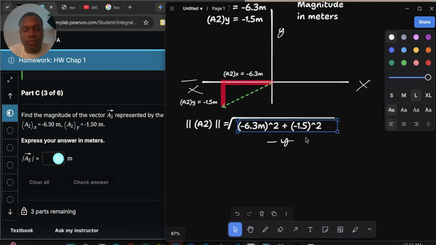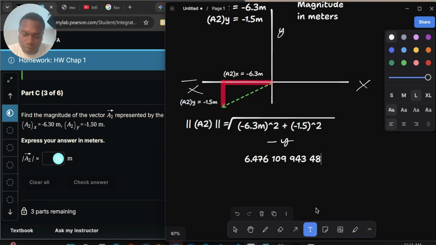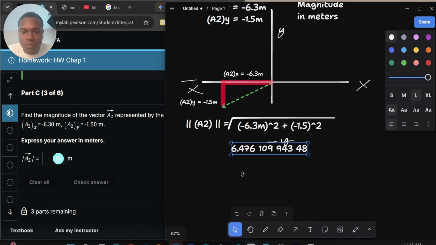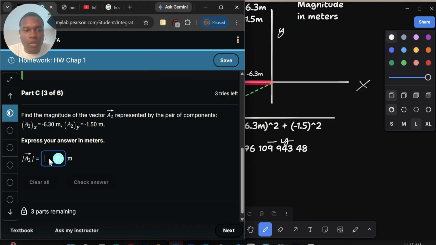And we're going to see what we get. I got 6.4761... That's what I got. So let's put 6.5 meters.